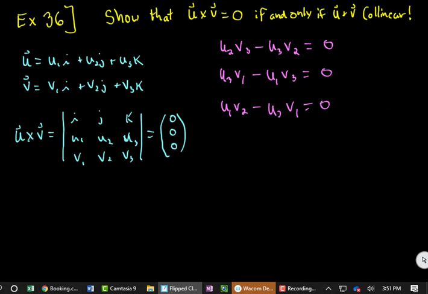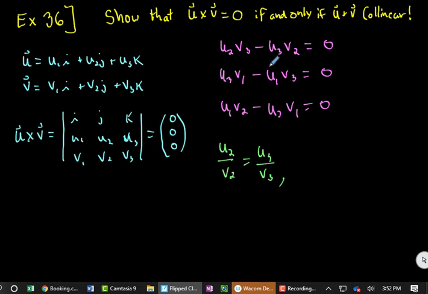Then we can go ahead and solve these. I can solve this first one for the components of 2 and 3, and I can show that u sub 2 over v sub 2 would be the same as u sub 3 over v sub 3.